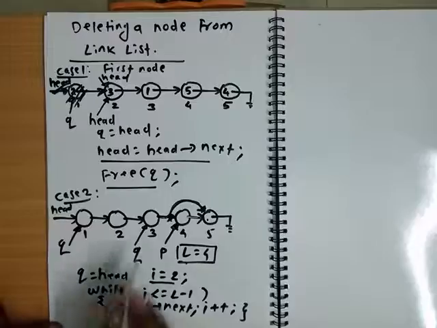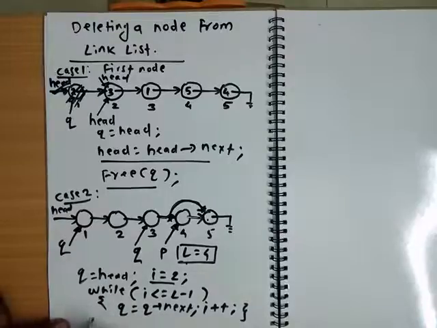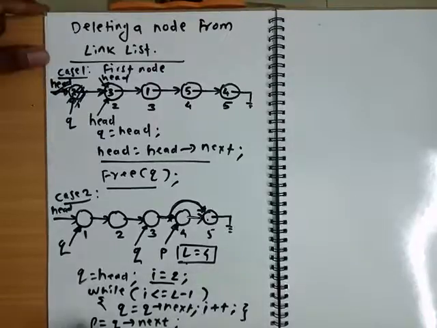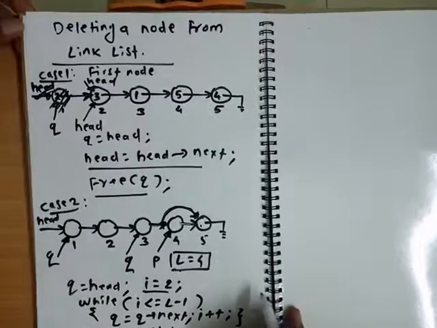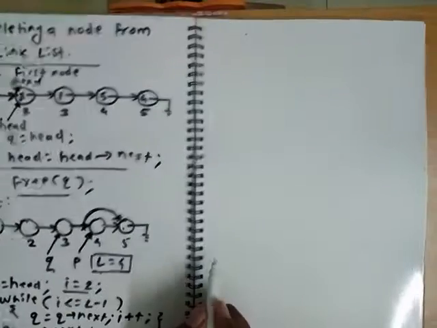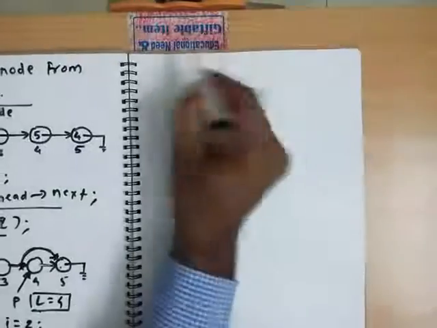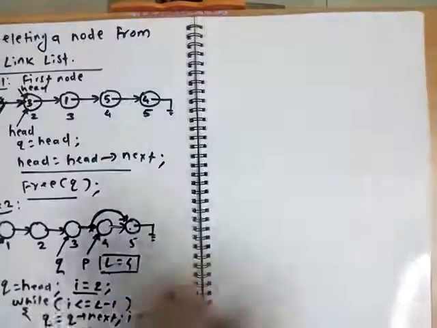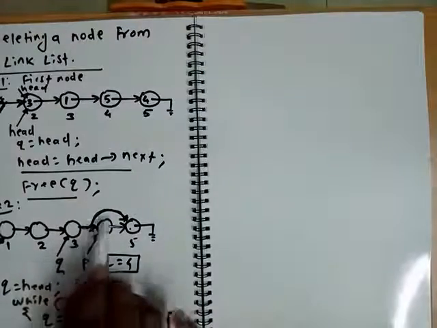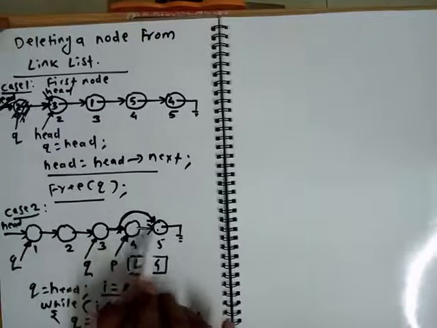So once I have our Q there, you take P equal to Q next, right? Once we have pointers in place, we'll simply say Q next equal to P next.